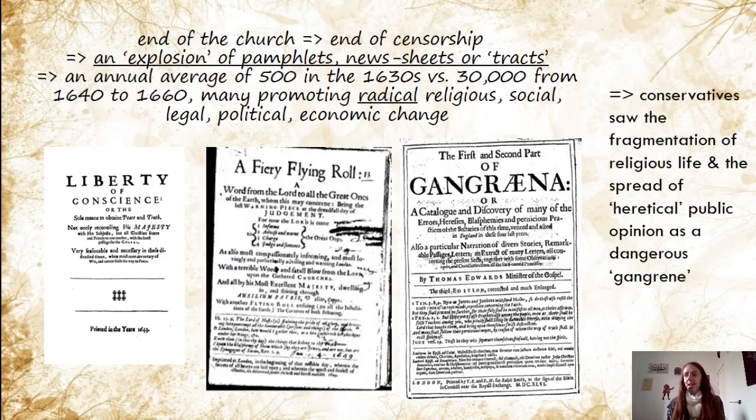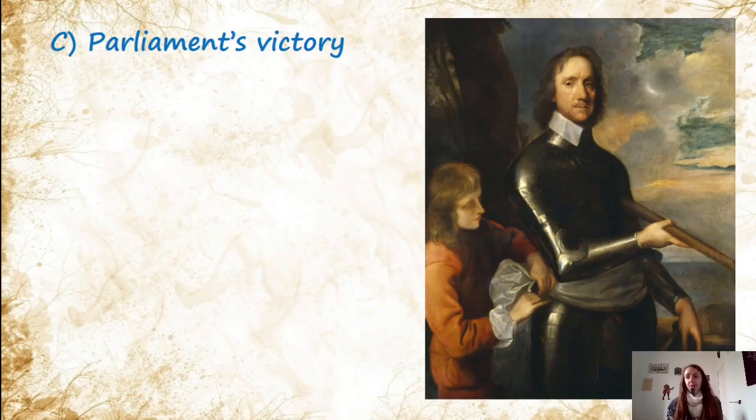So what we see is the fragmentation of religious life and the spread of heretical public opinion being described by conservatives as a dangerous gangrene, like a sickness, like something that has to be cut off. If it has gangrene, if it's been affected by a disease, it needs to be severed, it needs to be cut off, which is an interesting keyword for today's lesson.